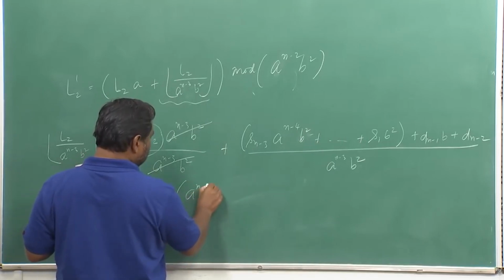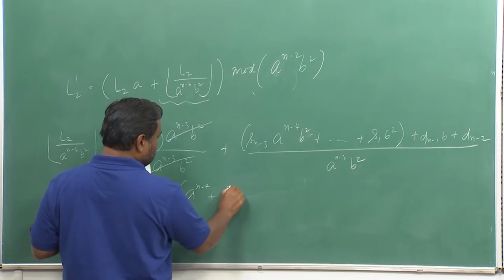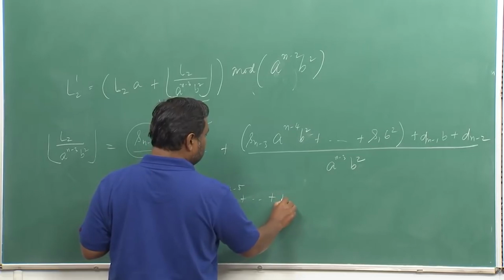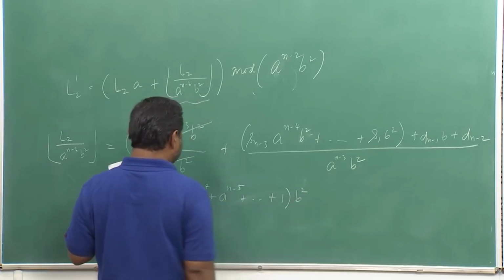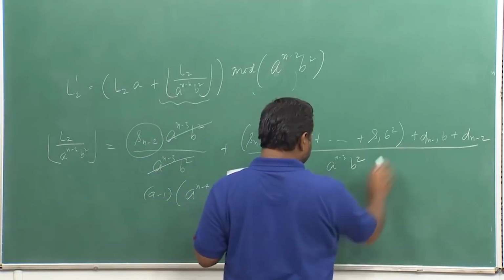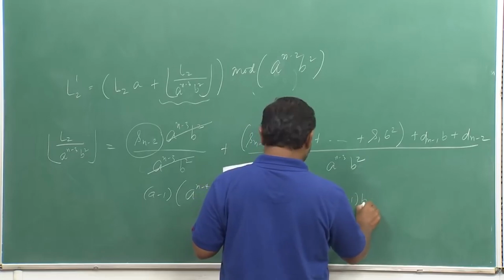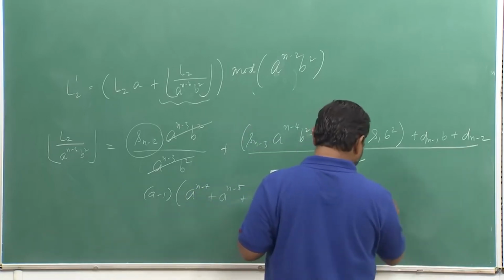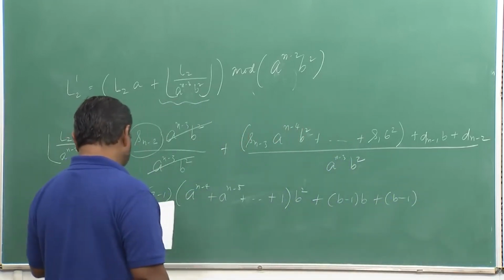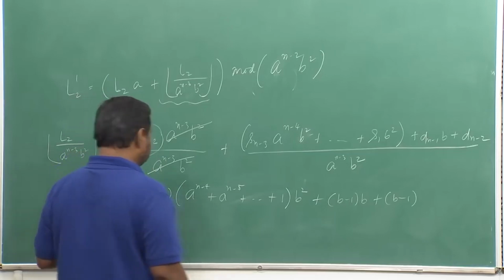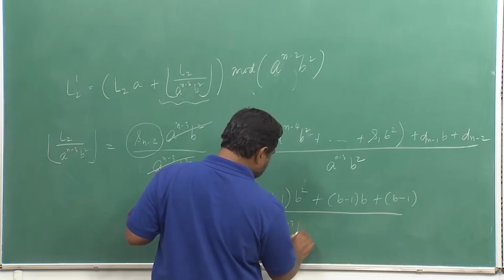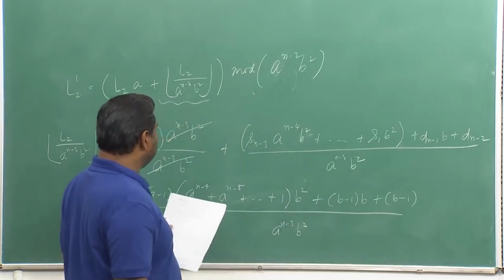I will have a series of a n minus 4, a n minus 5 plus 1, b square. This will be b minus 1 into b, this will also be b minus 1, okay, and then of course divided by a n minus 3 b square.